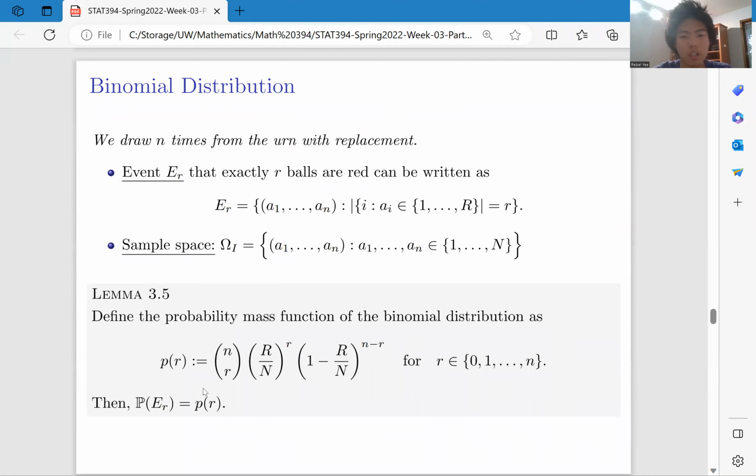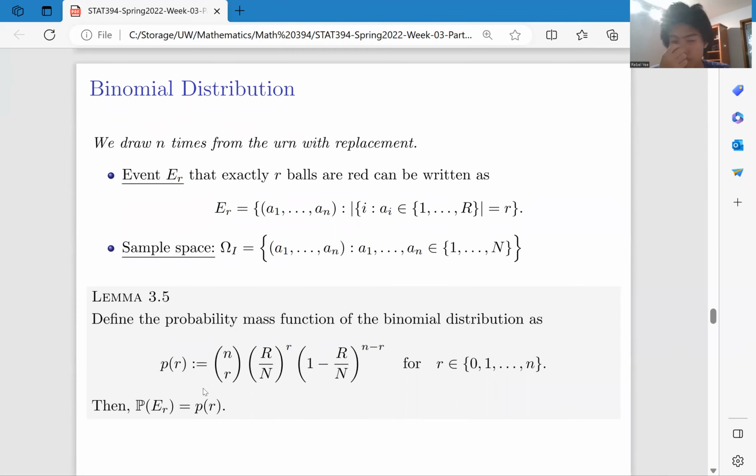The event E_R that exactly R balls are red can be written as E_R equals the set of (A1 to AN) where only those Ai belonging to I are in the set 1 to R, which means red balls, and the remaining ones are yellow, or non-red, balls.